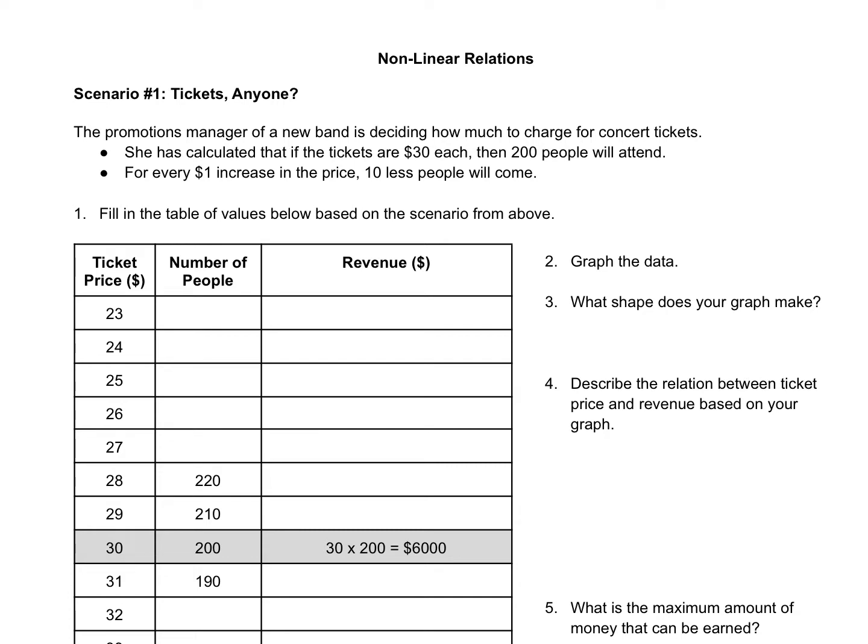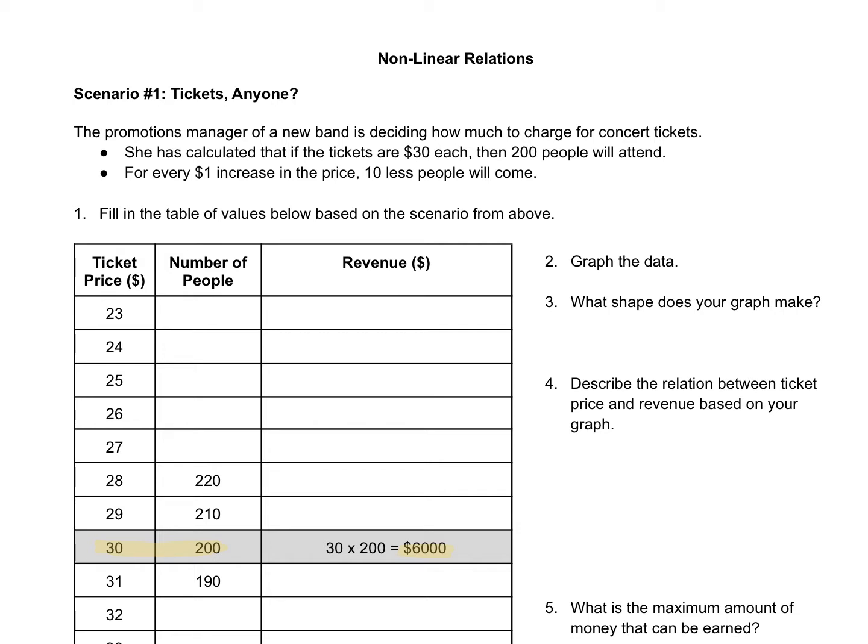So if we look at the following row, $30 ticket price, 200 people, the revenue or the money made would be the price times the number of people to get $6,000. Now she wants to maximize this amount that's coming in. She has noticed that for every $1 increase in price, 10 fewer people will come.